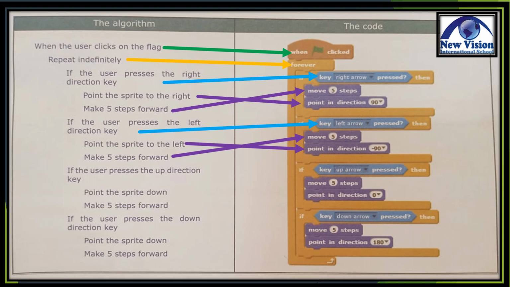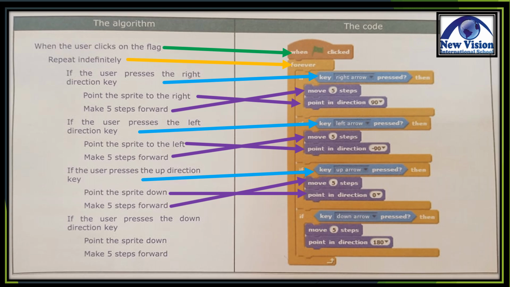If the user presses the up direction key, it is equivalent to key up arrow pressed. Point the sprite up is equivalent to point in direction 0. Make 5 steps forward is equivalent to move 5 steps.